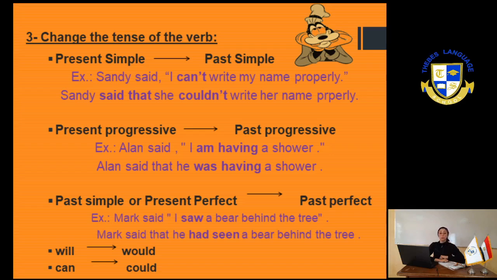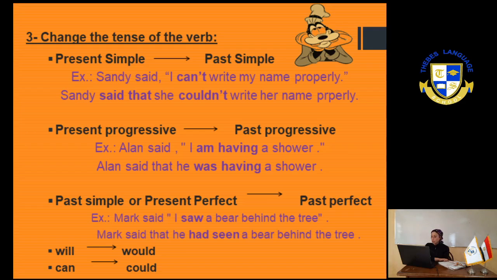He, we changed the personal pronoun; was having, and here we changed the tense. Let's move to the third: from the past simple or the present perfect into the past perfect tense. Both change into the past perfect tense, even the past simple or the present perfect. So let's see them.